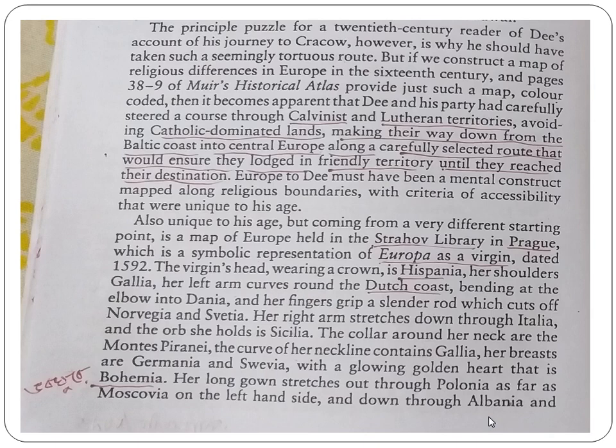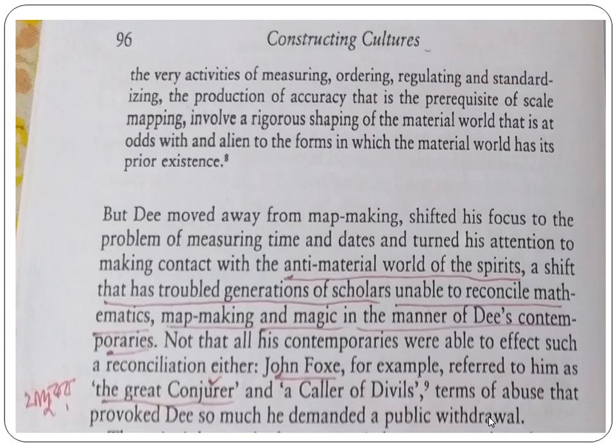And another one, John Fox, for example, referred to him as a great conjurer and a caller of the devils, a term of abuse that provoked Dee so much he demanded a public withdrawal. এই ডি এর বর্ণনা শুনে বই লিখে প্রচন্ড ক্ষেপে গেলেন জন ফক্স। উনি বললেন যে it cannot be real, and for this reason he demanded a public withdrawal.